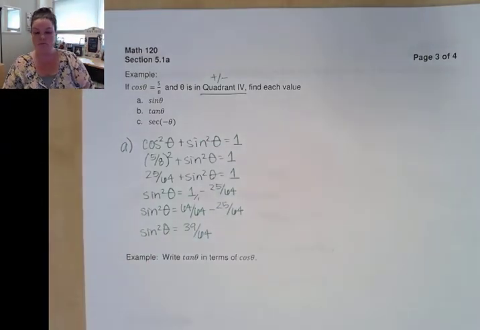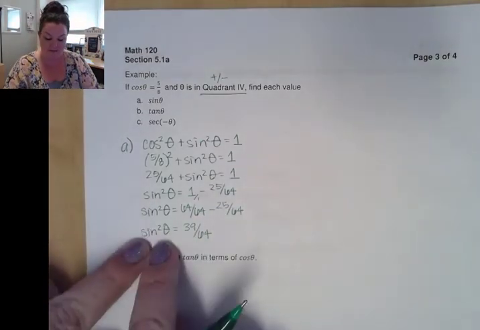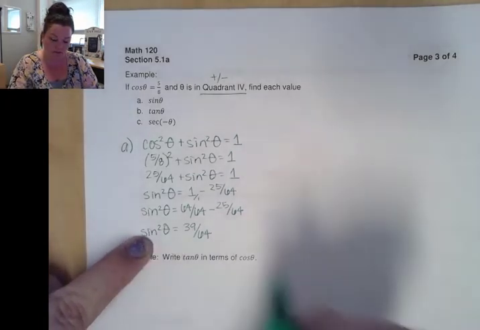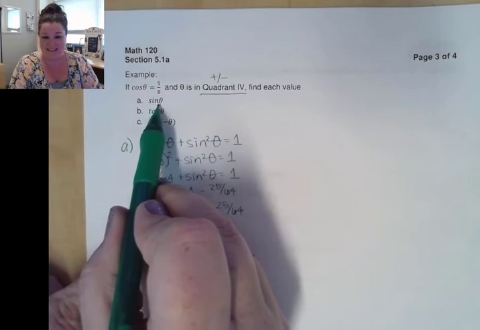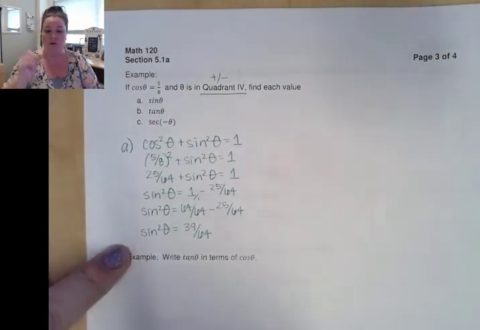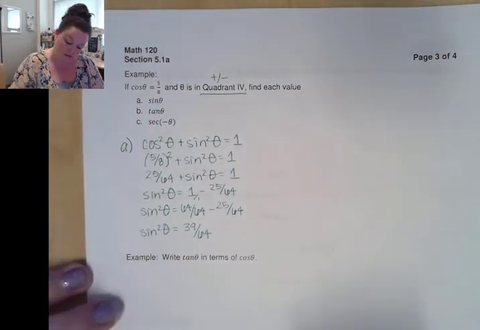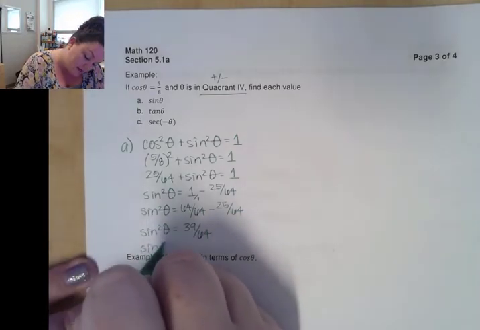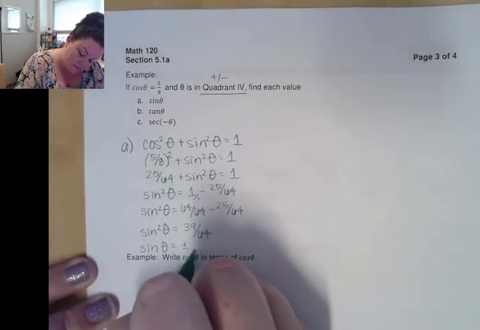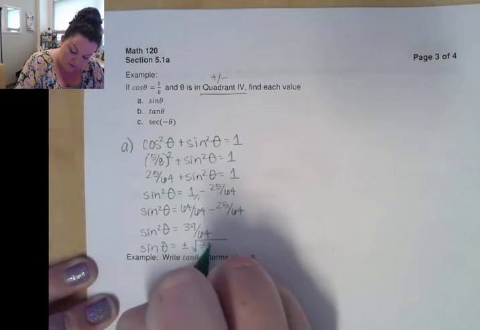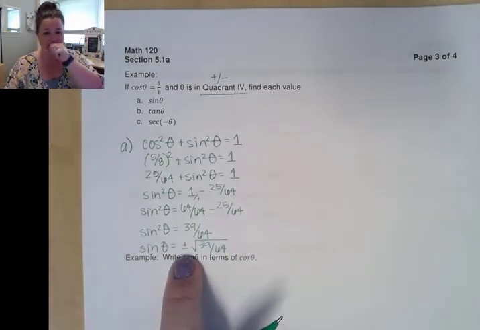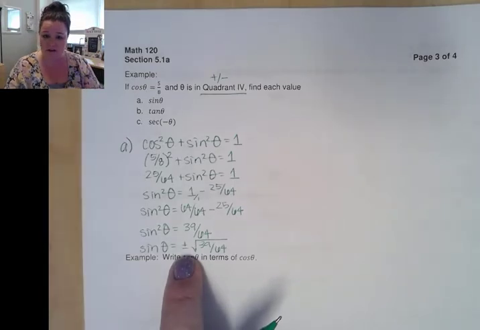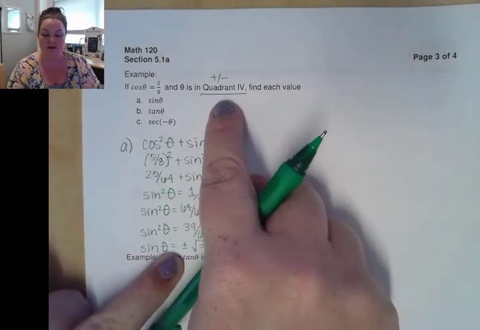Yeah. Okay. So now we have it down to sine, but notice part A wants sine, not sine squared. So to go to sine from sine squared, we would take the square root of both sides, right? So that means that sine theta is going to equal plus or minus the square root of 39/64. Now, we can't have both a positive and a negative sine value, so that's where our quadrant comes in handy.